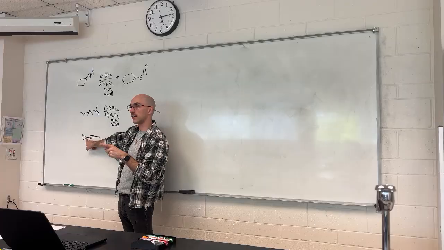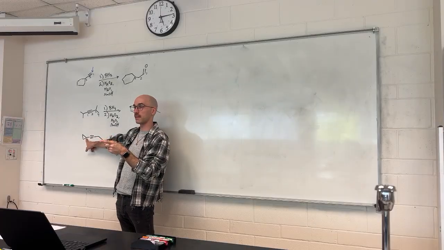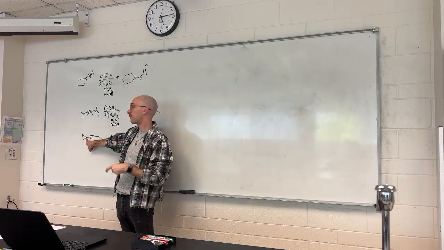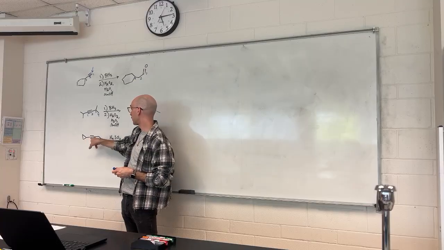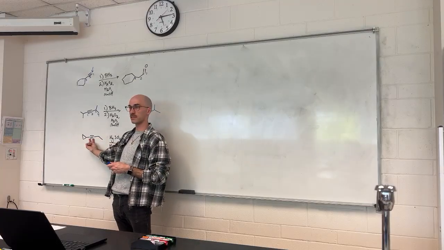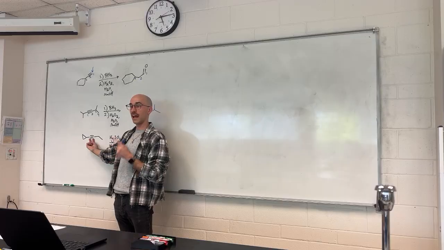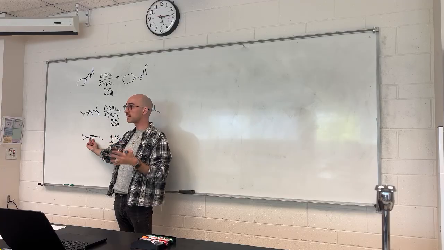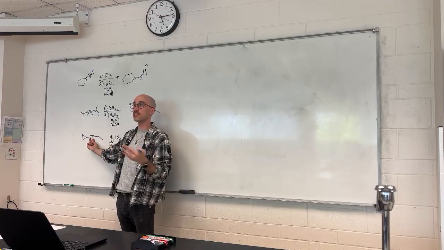Salem, I saw you nodding here because this is a tertiary carbon, right? Yeah. But I'm not asking if this carbon is more substituted than this. I'm asking which of these two carbons is more substituted. And they're both bonded to one carbon. They have the same substitution. There is no regio difference.